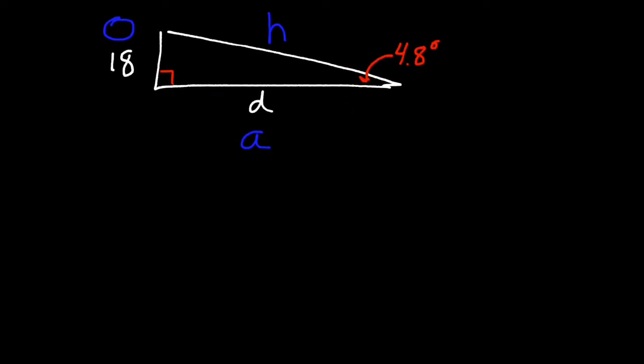Which trig function will relate the angle to the opposite and the adjacent sides? Hopefully you say tangent. So we have the tangent of our angle is the opposite over adjacent. This is the TOA part of SOHCAHTOA. And now we'll put in what we know.